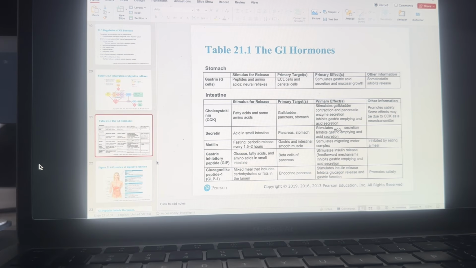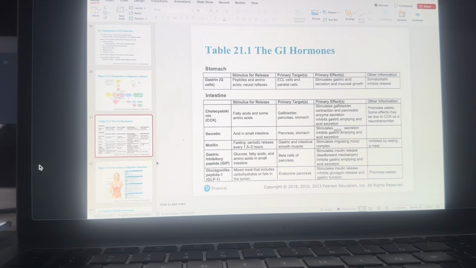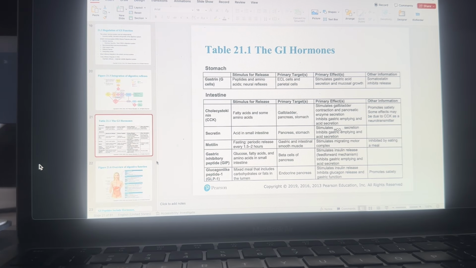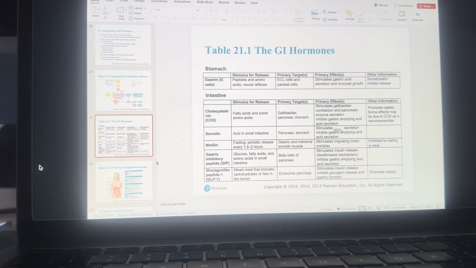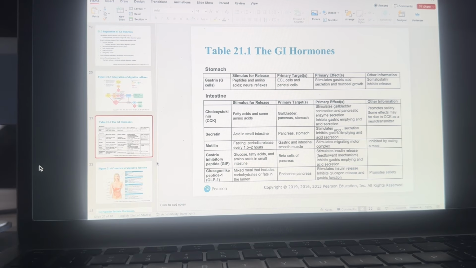So GLP-1 is a big thing right now. It's a hot drug, right? It helps people with diabetes lose weight and control their appetite and their blood sugar. Because GLP-1, glucagon-like peptide, is like glucagon, which is a hormone, right? And what does glucagon do as a hormone?